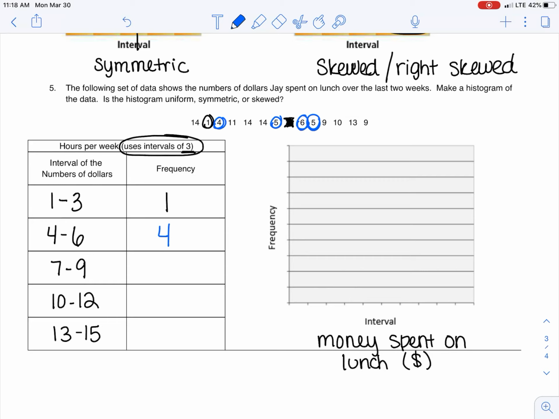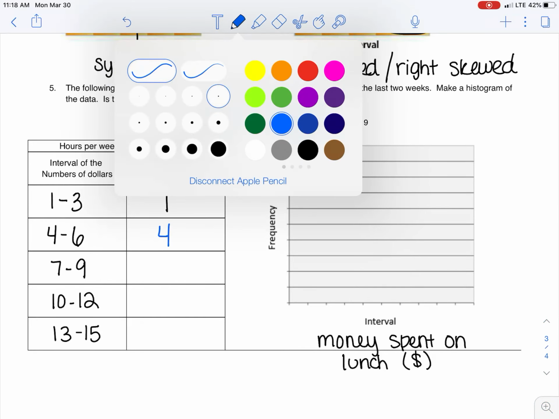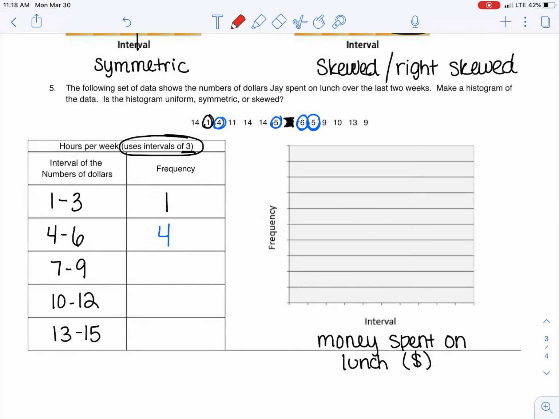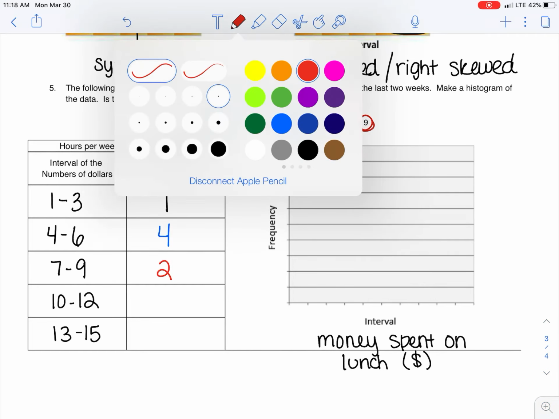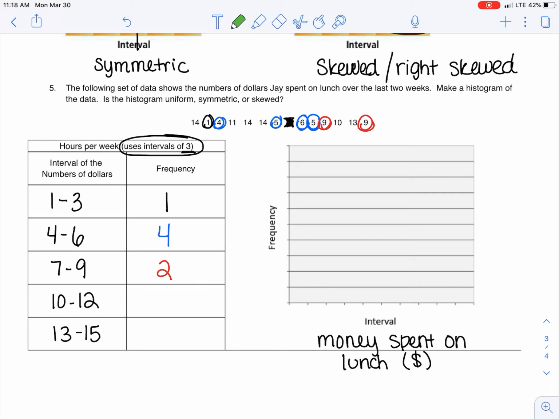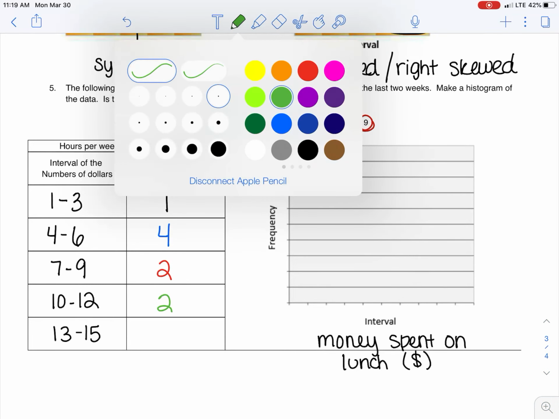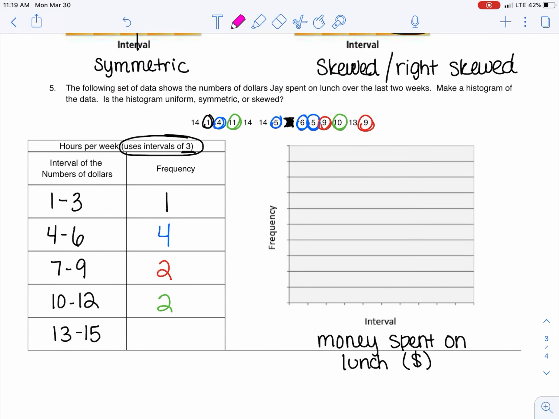Looks like we have 4 numbers between 4 and 6. 7 and 9, we have 1, 2 numbers. 10 to 12, we have 1, 2. And from 13 to 15, we have 1, 2, 3, 4 numbers.